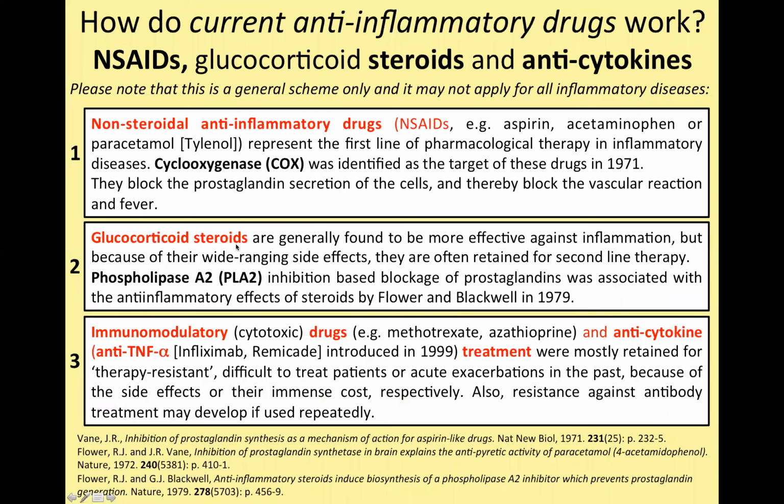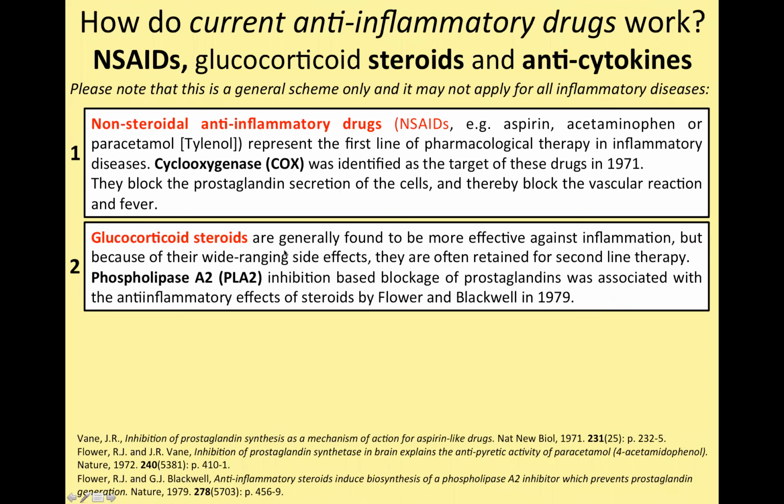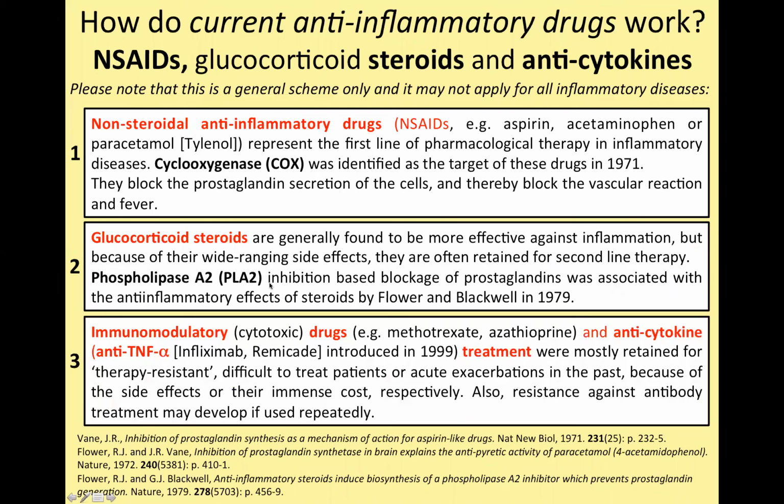They require a prescription all over the world. They are stronger anti-inflammatory drugs and they will have wide-ranging side effects which are not preferred. If we cannot really block the inflammatory reaction with steroids, we can use a third step. We can use immunomodulatory drugs, anti-cytokine therapy, anti-TNF alpha treatment, for example.